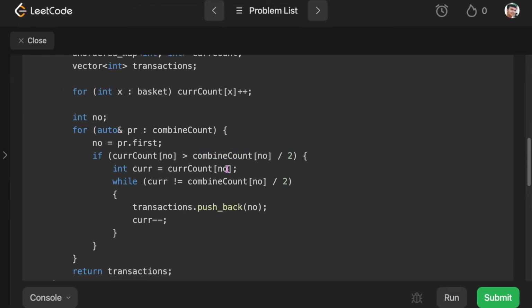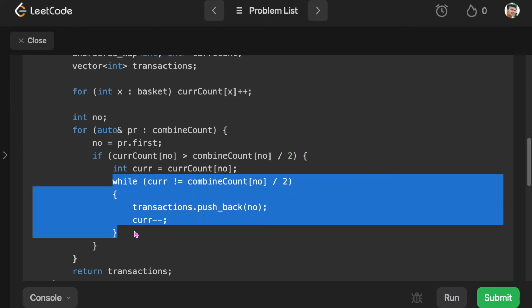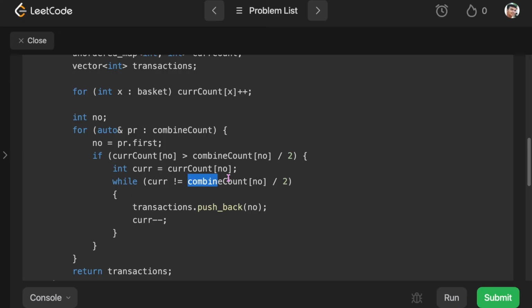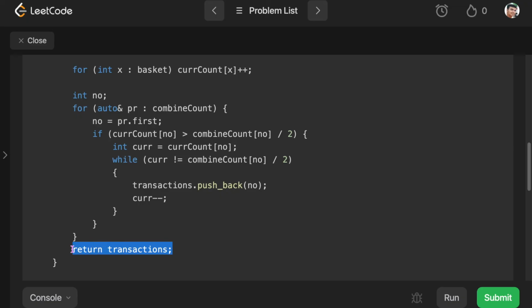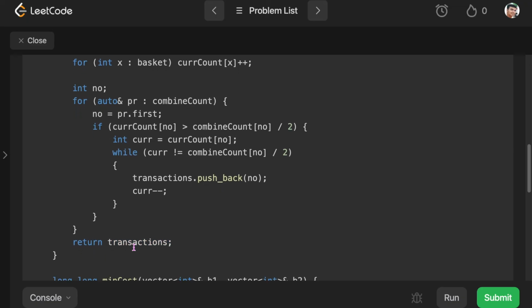That's the same code I have written here. We check if the current count of the number is greater than the combined count of the number by 2. We increment the current count until it becomes combined count by 2, and in the meantime, we also push back this number in our answer, that is transaction, and finally we return this transaction.